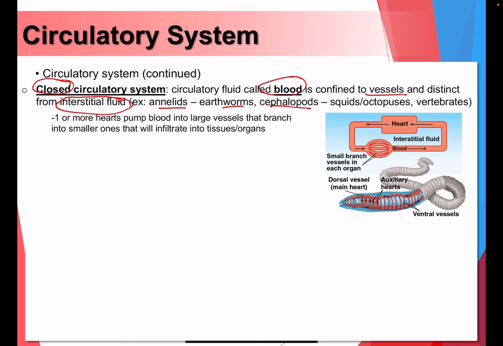So what happens in a closed circulatory system is you have one, or in some species more than one, heart that will pump blood into large vessels that will branch into smaller ones. And that's a common theme here. What's coming out of the heart are usually large vessels with large diameters, and these large diameter vessels will then diverge into smaller, tiny ones, because that's what we need to distribute gases around tissues and organs.